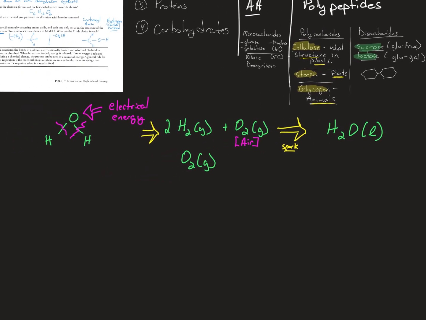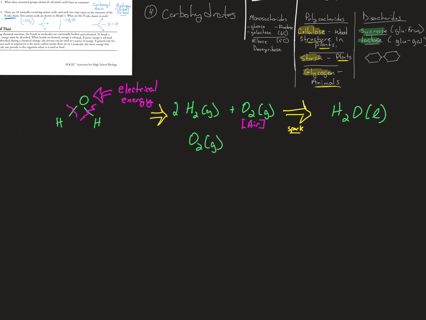So one of the things you should have gotten from that, or hopefully you got from that, is that at this stage, when we were going in one direction, we had to input energy. And here, when we reversed it, we got energy out.